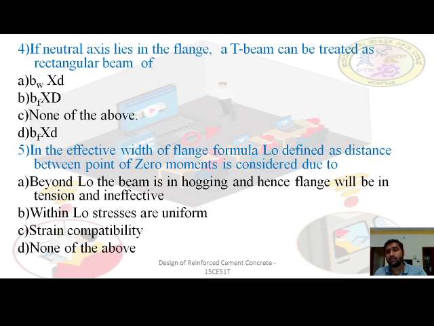Exactly correct. Within L0 the stresses are uniform, so the other options are not necessary. Strain compatibility, none of the above. So the option is the first one.